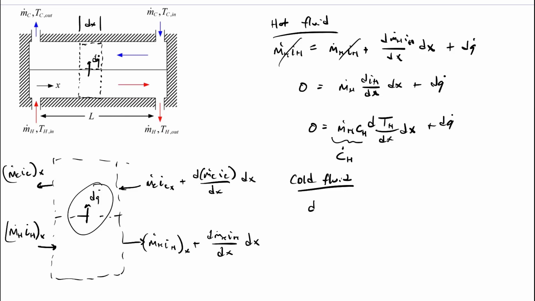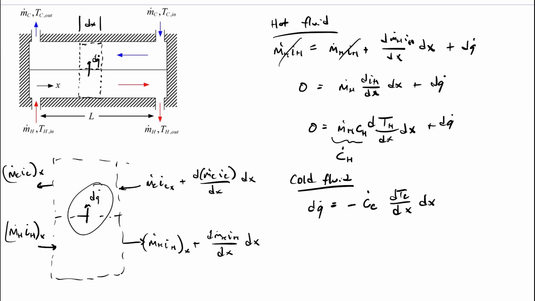On the left-hand side, now we have dq dot equal to minus C dot c dT_c/dx dx. The difference is that the arrows are in the reverse direction, the negative x direction, for our flows, and we also have heat flow entering the cold side as opposed to leaving it. Otherwise it's exactly the same analysis, but this is the equation we come up with.